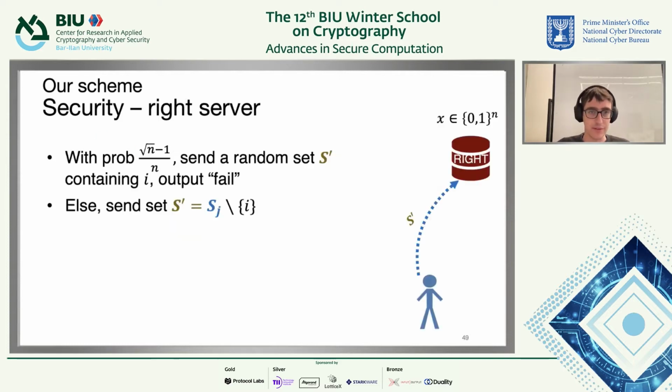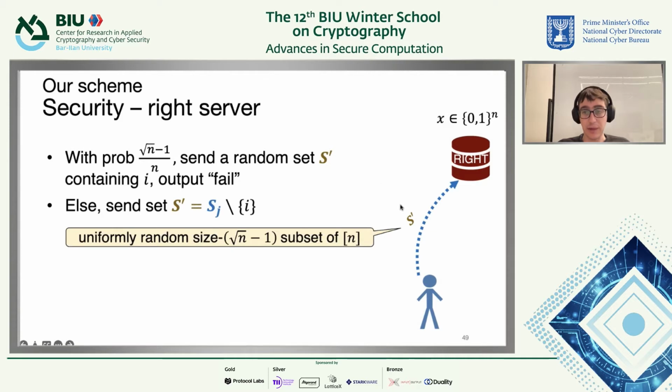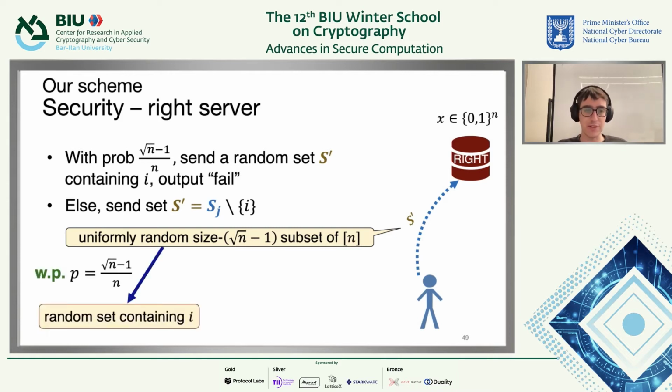And then for the right server, the way that we fixed this coin toss exactly takes care of the security. To see a sketch of the argument, notice that what we claim is that the set S prime is now a uniformly random set of size square root n minus 1, a uniformly random subset of the universe of indices from 1 to n. Again, this is not a proof, but to convince yourself, let's look at the event of whether the set S prime contains index i.